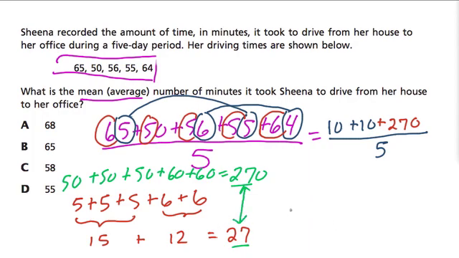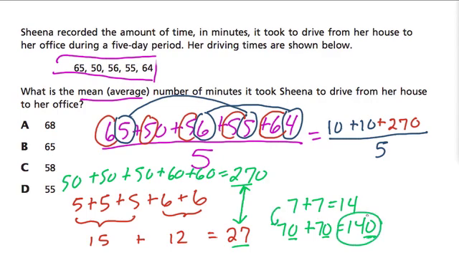For example, if I was just adding 7 plus 7, well, that's 14. What that means is 70 plus 70 is 140. You can see it. We're just tracking it. Because these numbers are each 10 times more than the original, their total answer is 10 times more.